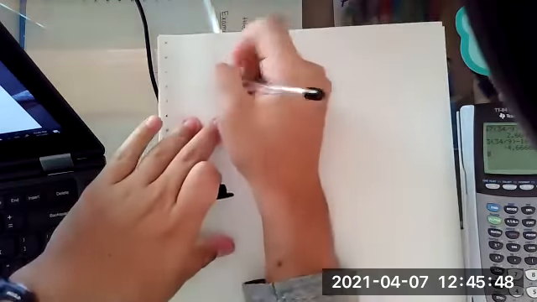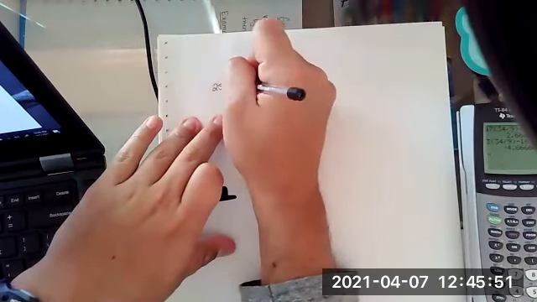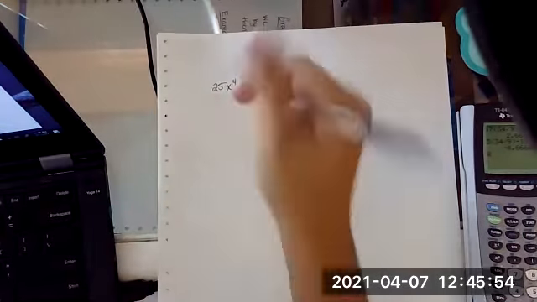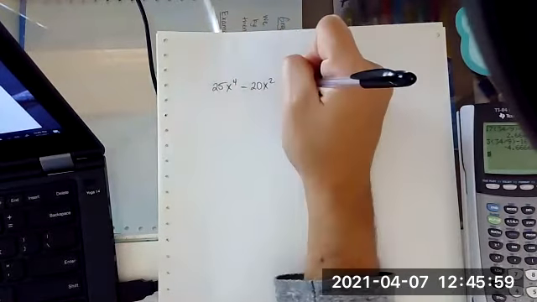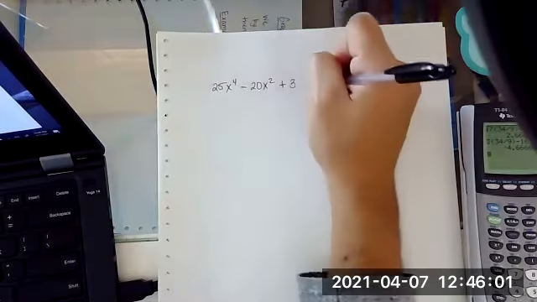I don't know if it's a question we need to work out, but I told you I use a lot of the help me solve this to try to learn different ways and see what's going on with each question. Yeah. And so I did that with one from the homework. It was 25x to the fourth minus 20x to the second plus 3 equals 0.